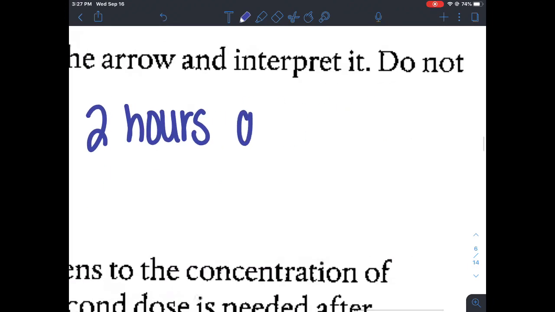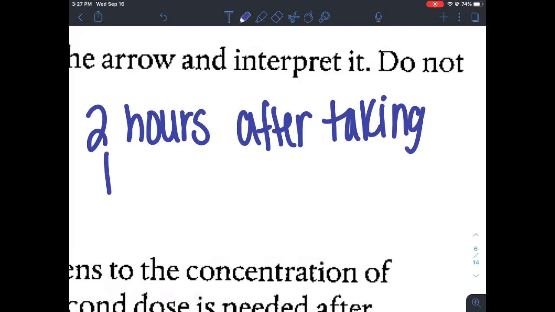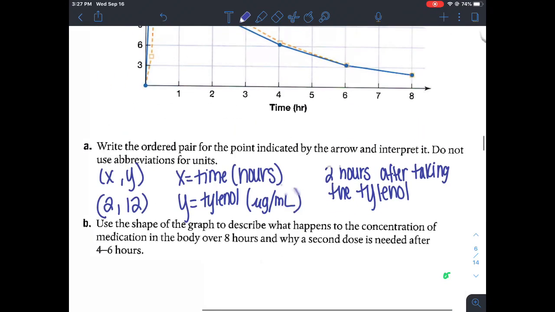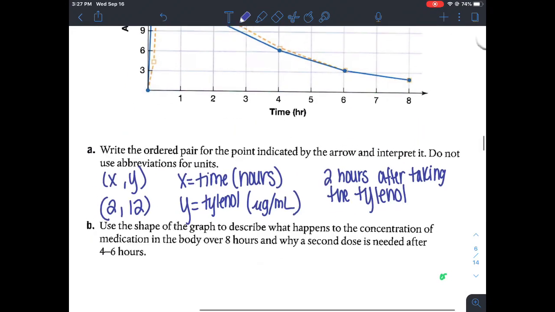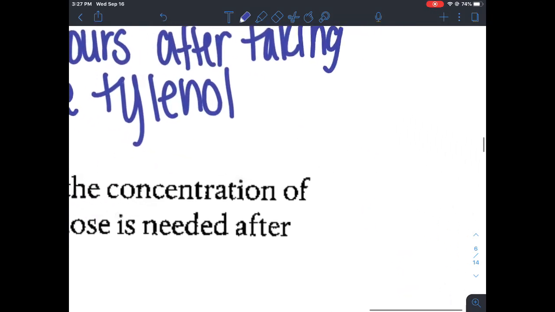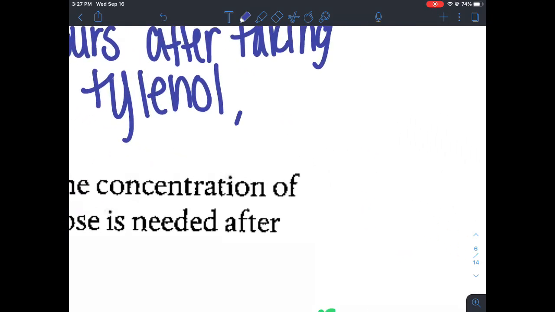And what are we doing after taking the Tylenol? Okay, 2 hours after taking Tylenol, what happens? Y represents the Tylenol in your bloodstream is 12. What unit was that again? Micrograms per milliliter.